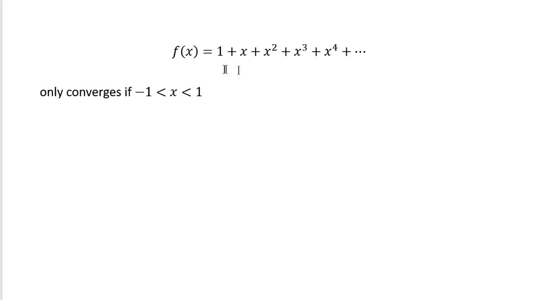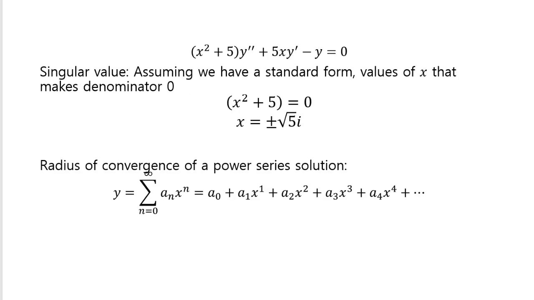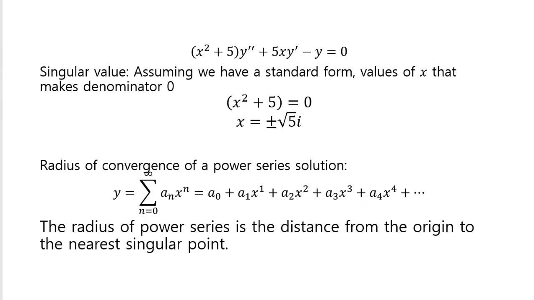Now that you know what radius of convergence is, hopefully you remember, we can go back to this discussion. The radius of convergence of a power series is a legitimate question to ask, and there is a very simple criterion: the radius of convergence is the distance from the origin to the nearest singular point. What does that mean? This only makes sense in the complex plane. Hopefully you remember what the complex plane is.